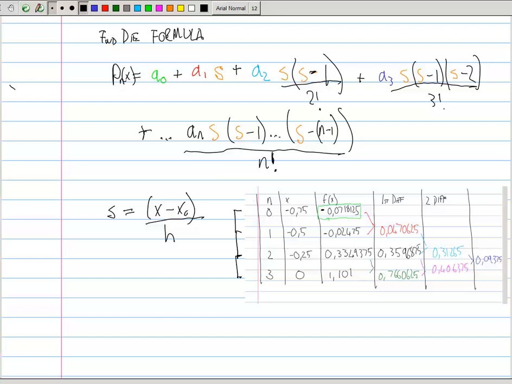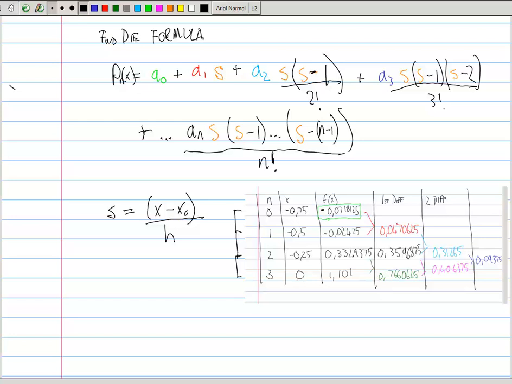Now in all our 4 different cases, we have to use a consistent h. So if this was minus 1 and then minus 0.5, then minus 0.25, and then 0, we could use the minus 1, minus 0.5, and 0 because they each have an equal difference, but we wouldn't be able to use the minus 0.25.